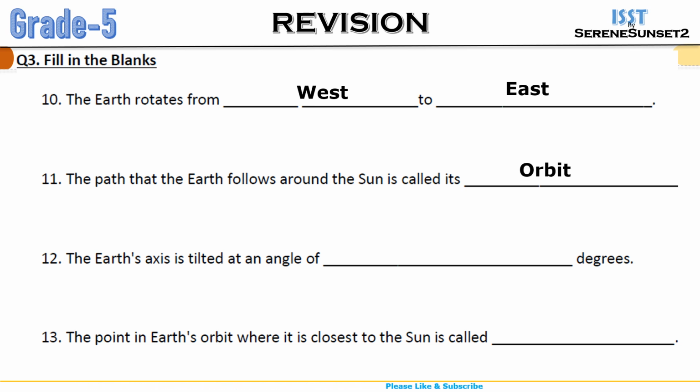Answer: orbit. The earth's axis is tilted at an angle of dash degrees. Answer: 23.5 degrees.